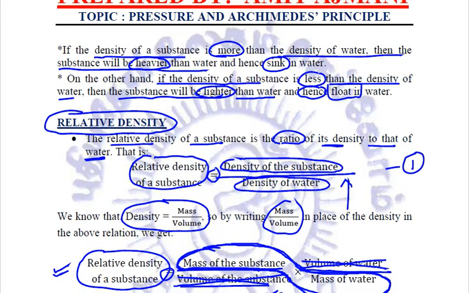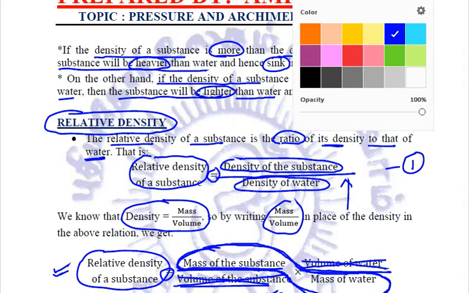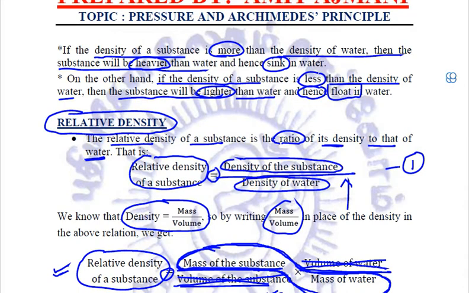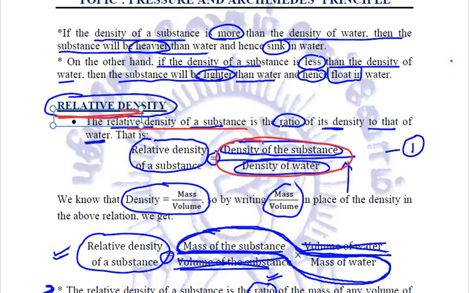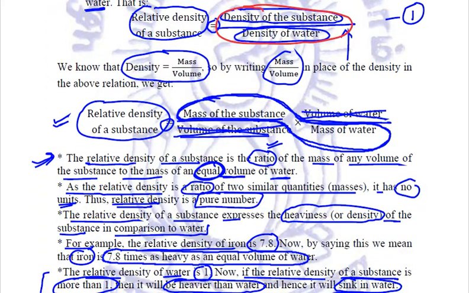Quite important, we talked about the relative density. The relative density is the density of a substance in ratio to the density of water. Or we also can define relative density as the ratio of the mass of any volume of the substance to the mass of equal volume of water.